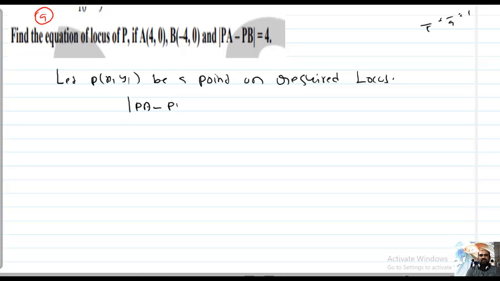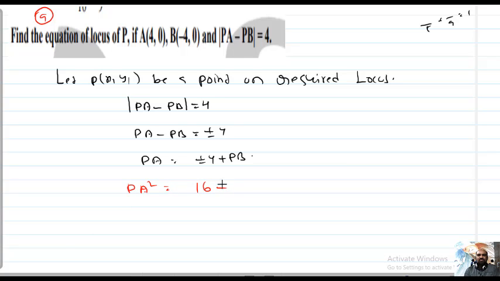PA minus PB equal to 4, or PA minus PB equal to plus or minus 4, or PA equal to plus or minus 4 plus PB. Okay, squaring both sides, PA square equal to 16 plus PB square minus or plus 8PB.